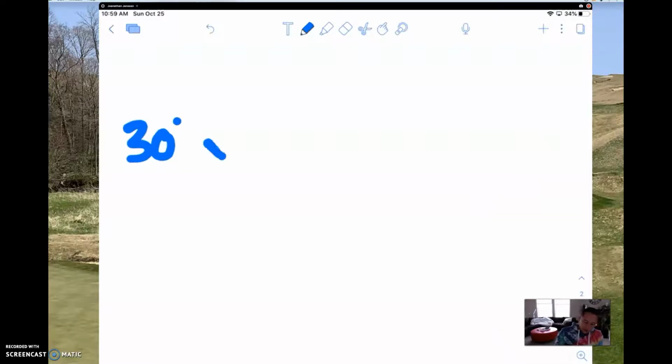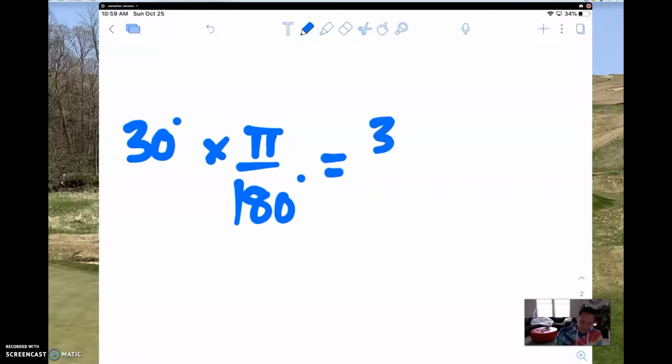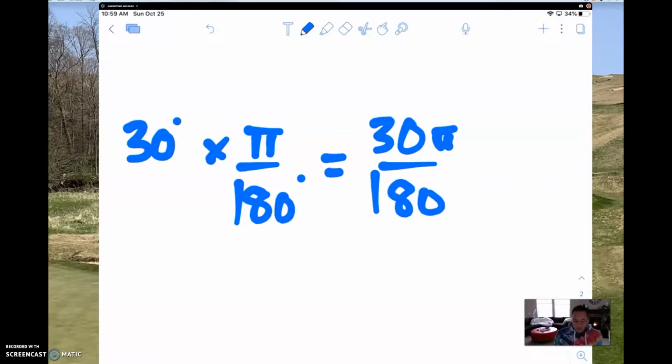So to convert it, we can multiply by pi over 180 degrees. The degrees cancel out. Then we're left with 30 pi over 180. And we can take the 0 and 0, divide by 10, it's gone. So we're at 3 pi over 18, divide the top and bottom by 3, and we get pi over 6.